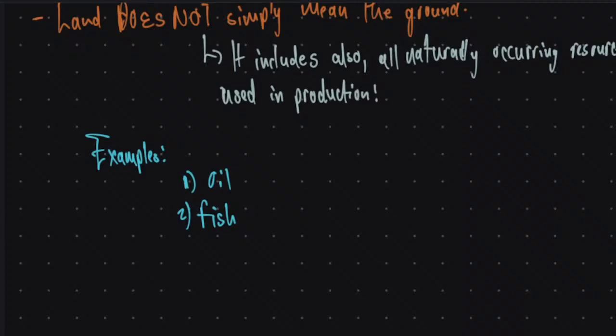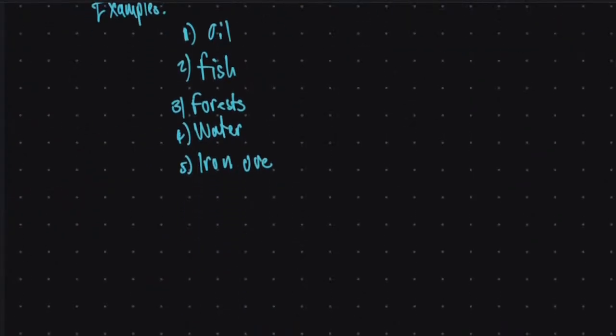Oil, fish, forests, water, iron ore, cornfields, natural gas.